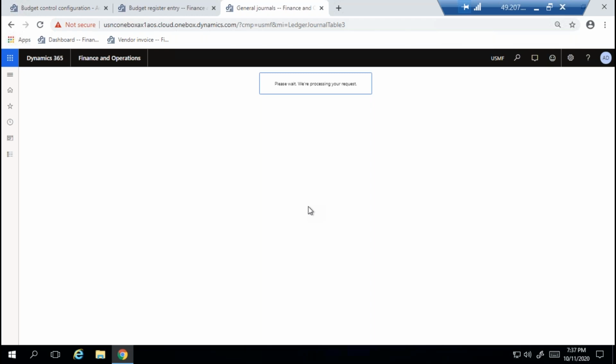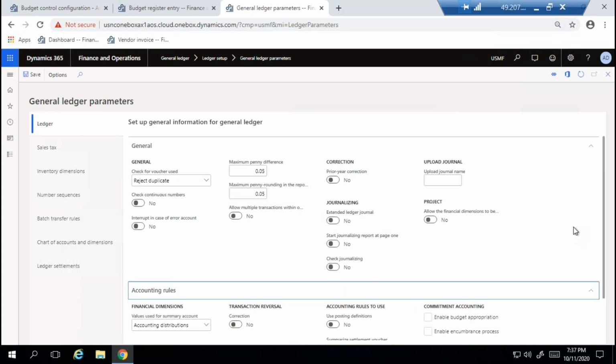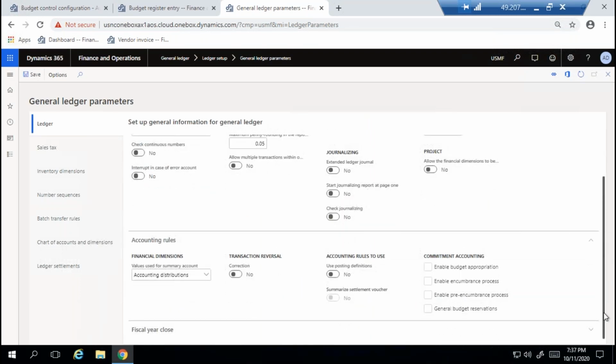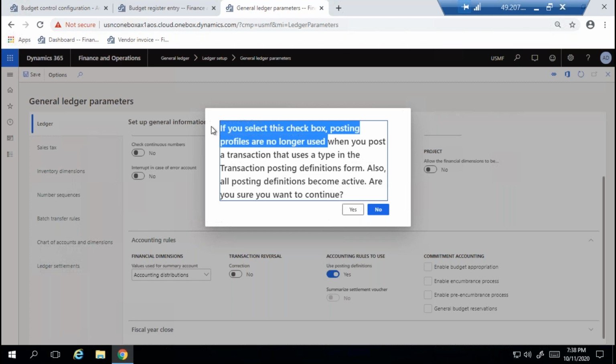In General ledger parameters, there is an accounting rules functionality. Here, use posting definitions. If you are enabling it, it is a public sector. It is most important. If you select this checkbox, posting profiles will no longer be used to post a transaction of the types in the posting definition form. What does this mean?